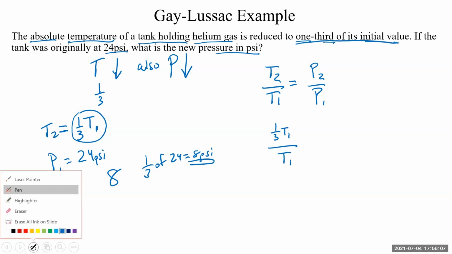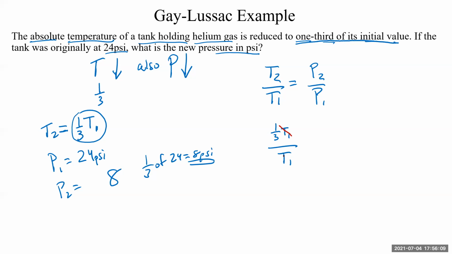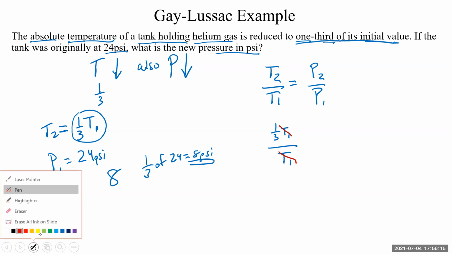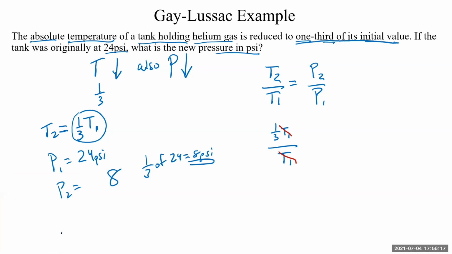So notice, if you have the same variable on the top and the bottom, those variables cancel out. So you're left with only the fraction 1/3 on the left side of this equation.